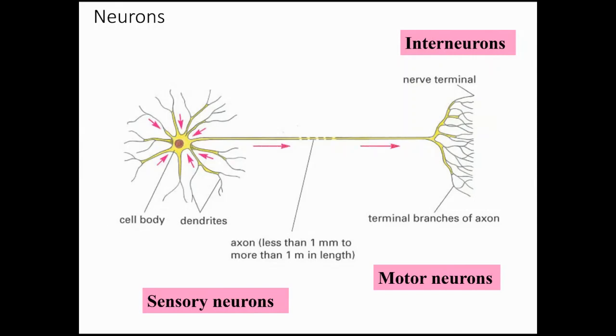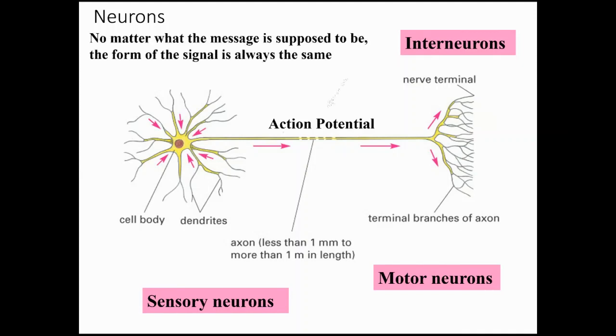The motor neurons send out a message from the central nervous system to the peripherals and to the muscle tissue. And then we have the interneurons, the neurons that are communicating within the central nervous system. So those are the 3 different types of neurons.